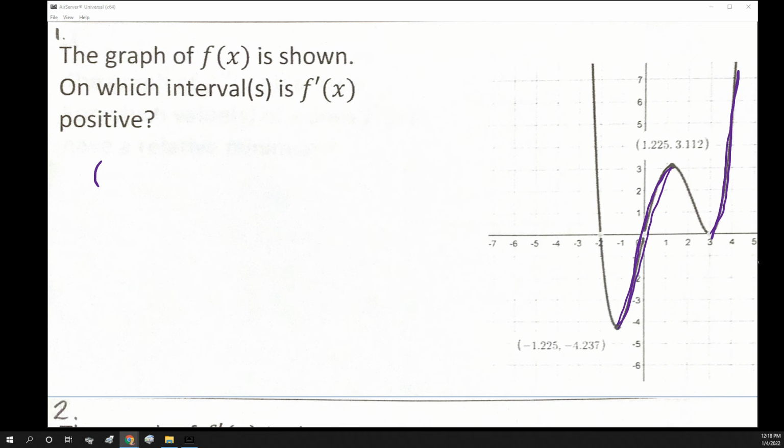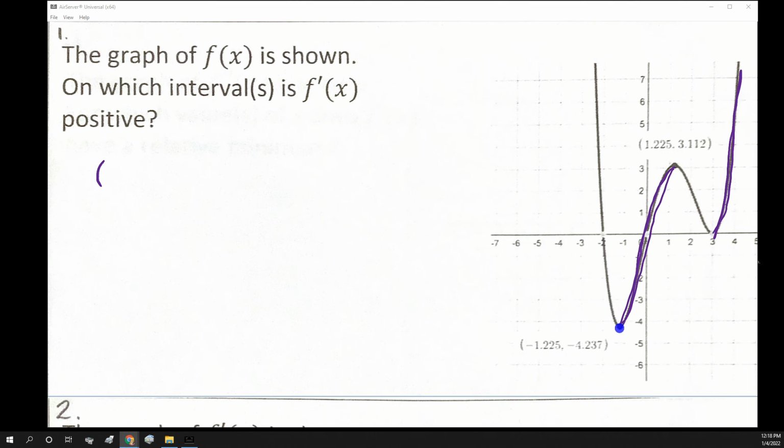This function starts increasing at this x value right here, which is negative 1.225, and we increase until we get to this x value right here, which is positive 1.225. So that's one of the intervals where f is increasing, so f prime is positive. The second interval starts at x is 3 and increases forever to the right, and forever to the right is infinity.